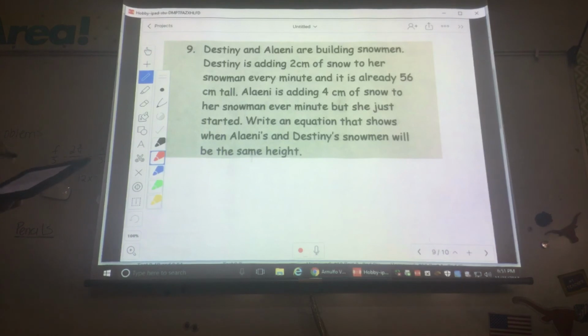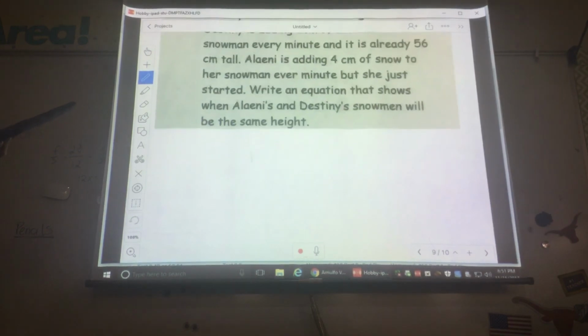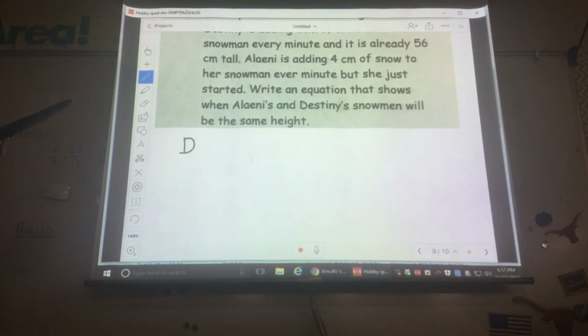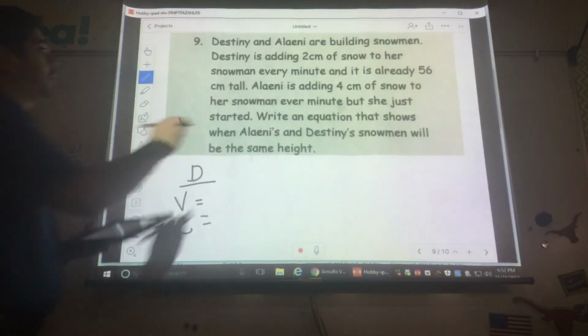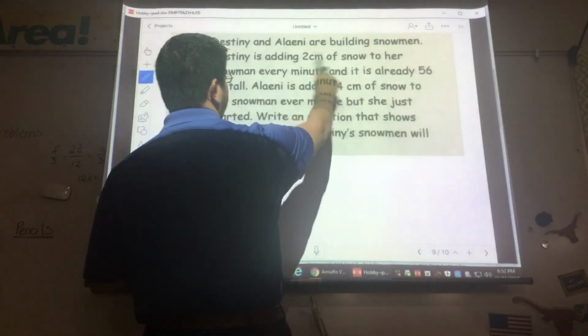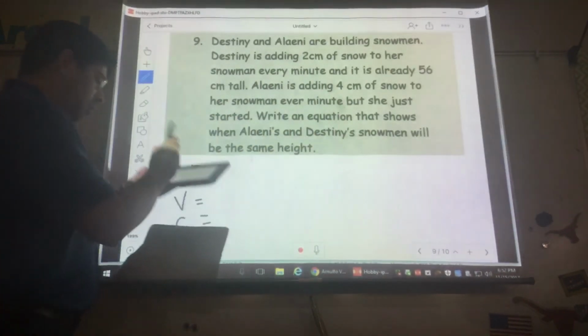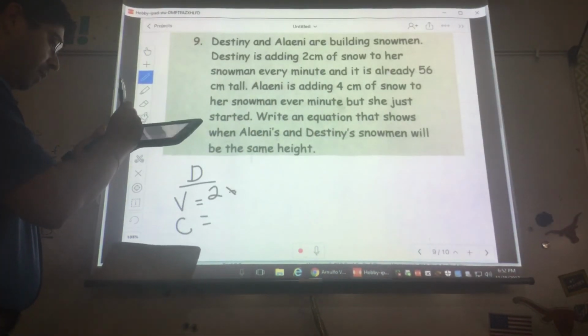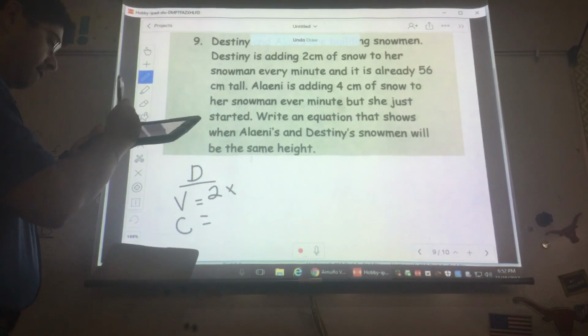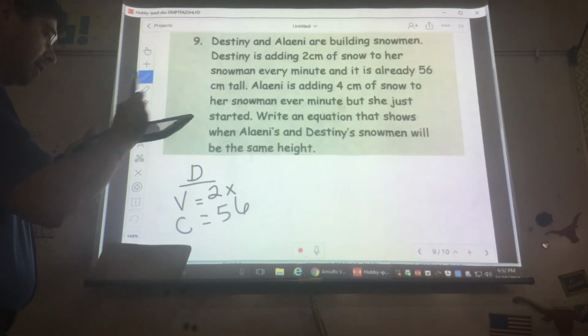So, the same height. We're going to put Destiny over here. Destiny, we need a variable and a constant. Destiny, if we look, adds 2 centimeters to her snowman every minute. So we're adding 2 every minute, not 56. So 2 is what goes with the variable. Oops, 56 is my constant.